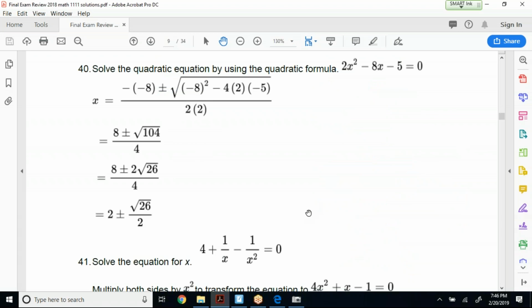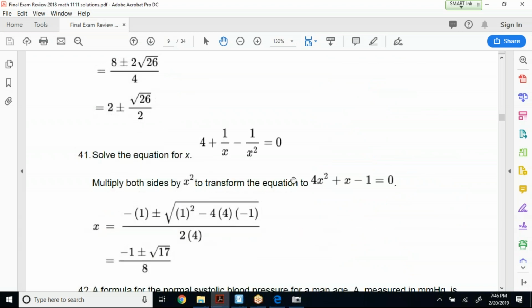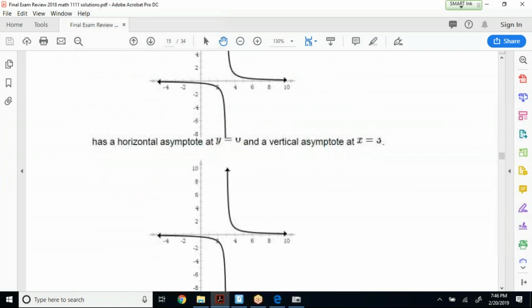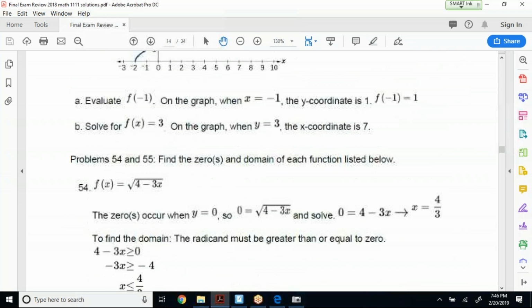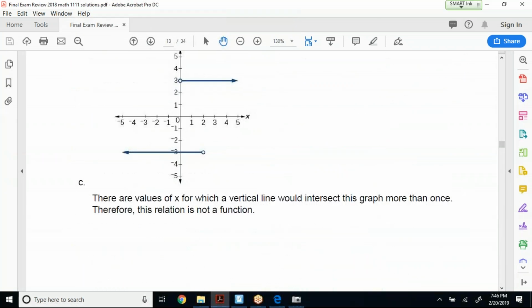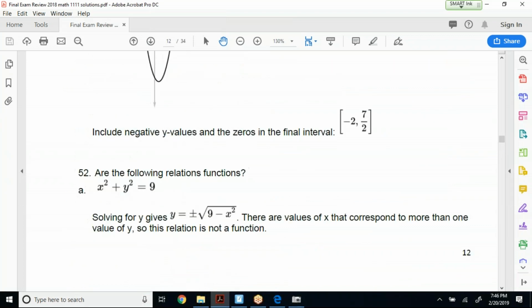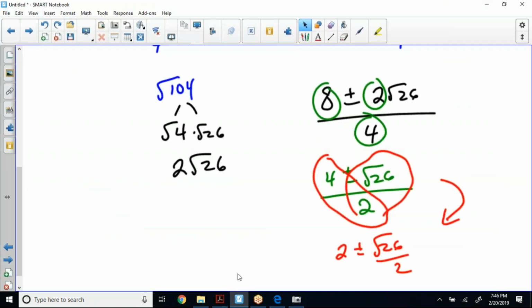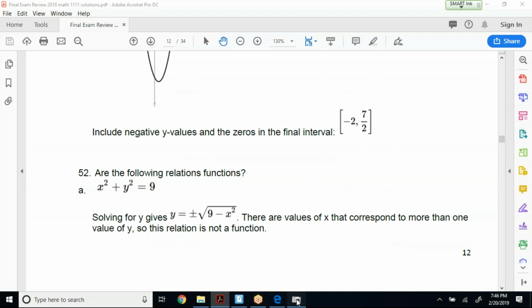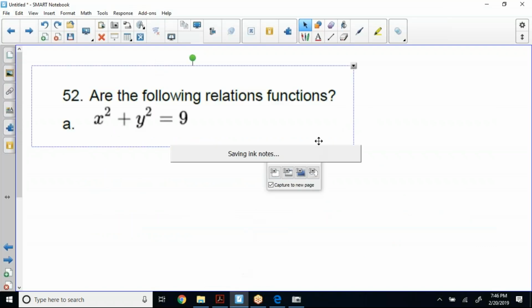Next. I'm going to make this really, really easy.